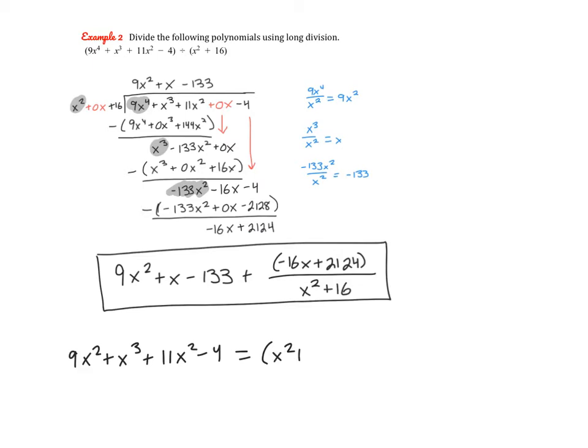So x squared plus 16 times 9x squared plus x minus 133 plus our remainder, which was negative 16x plus 2,124. So again, just a different way of expressing the result, but this is how I prefer to write it because it does give us what the actual quotient of our division is.